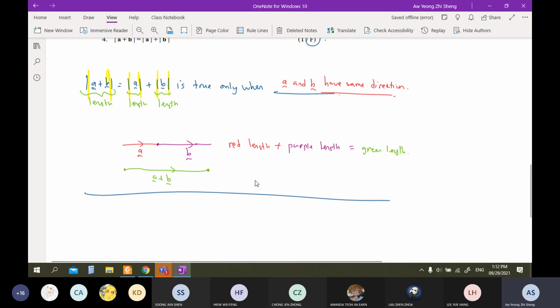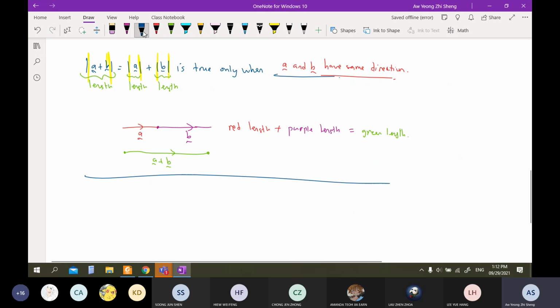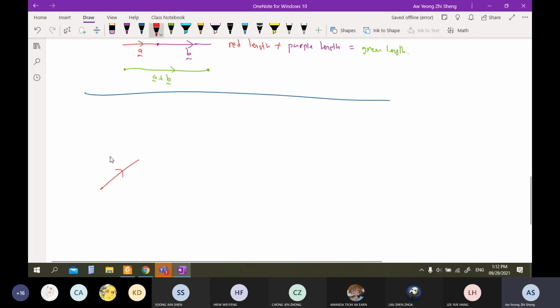In any other situations, when A and B have different directions, that equality will not be true. So another example, if I give you a vector A pointed this way, vector B pointed this way, then of course my red length plus purple length will definitely be longer than the resultant A plus B. Red length plus purple length will be longer than the green length.